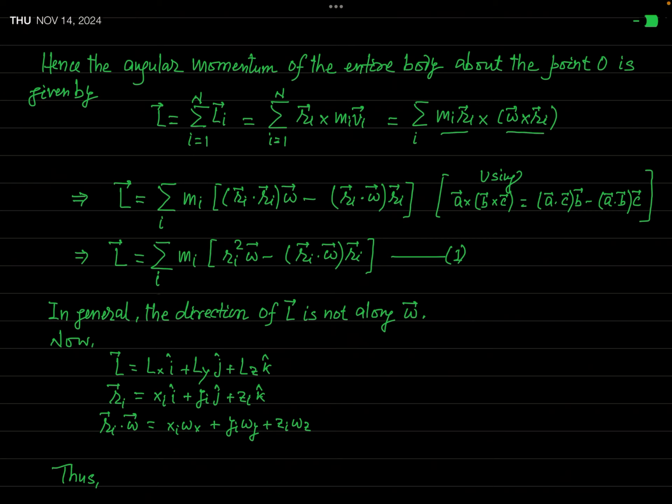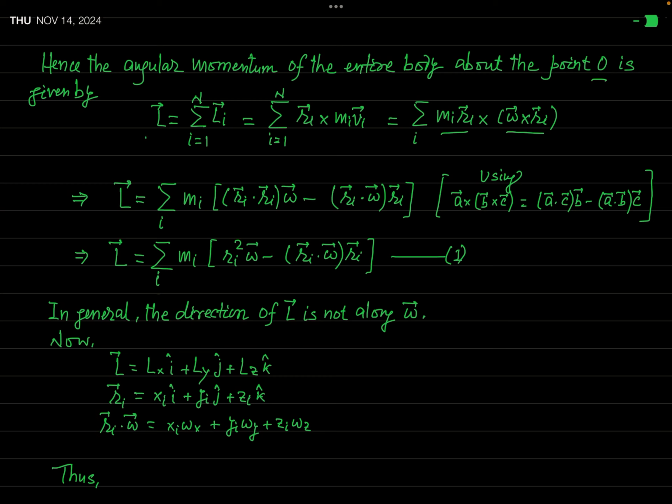Now if we define the angular momentum of the entire body about the point O, what will you do? You will take the summation of the angular momenta of all the particles.